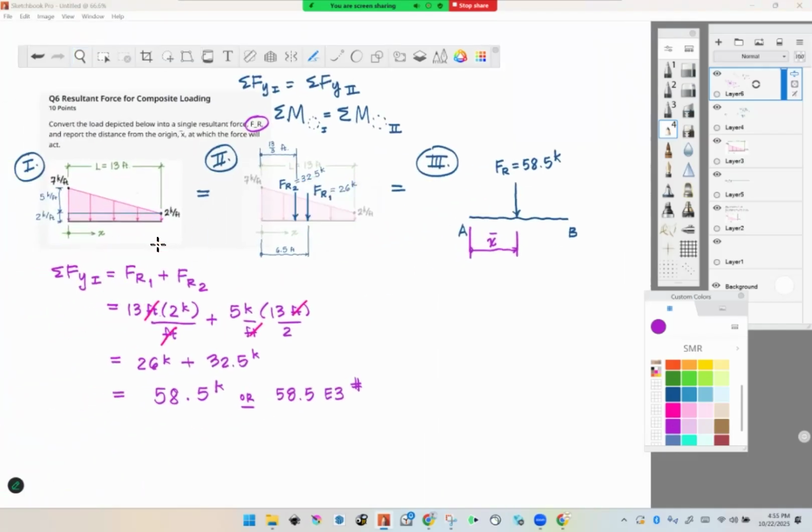All right, so far we've deduced that total magnitude, and now we're ready to figure out some distances.